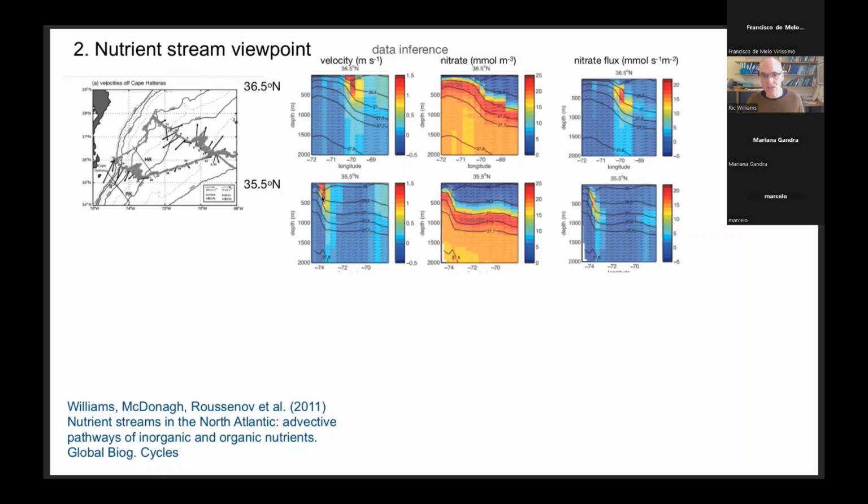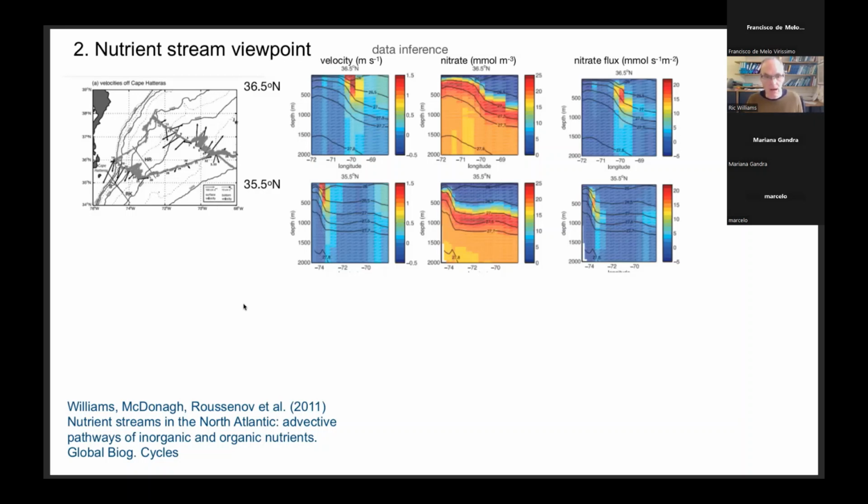And then the product of the velocity and the nitrate flux is shown here. And so we see this subsurface plume, a subsurface pipeway, effectively, by which nutrients are being delivered perpendicular to this section.